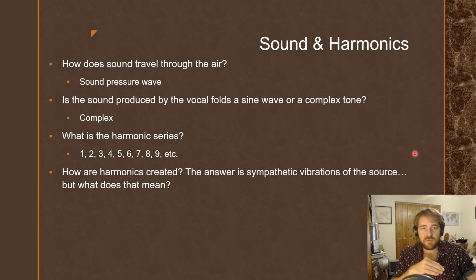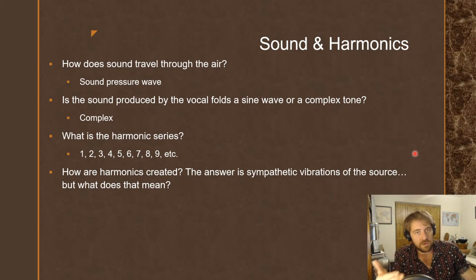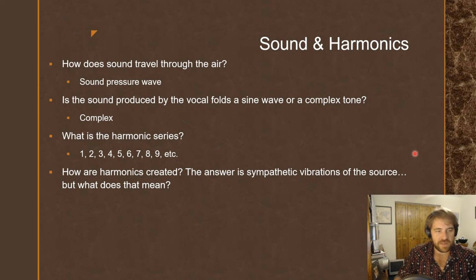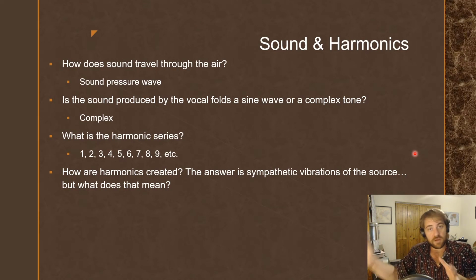Then the fundamental frequency is 100 hertz. The second harmonic, 2 times the fundamental frequency, is 200 hertz. The third harmonic is 3 times the fundamental frequency, which is 300 hertz. So all of your harmonics would be 100, 200, 300, 400, 500 hertz, and so on. That's the harmonic series. And to relate it back to the question before, the laryngeal buzz that we produce is a complex tone. It produces a fundamental frequency and harmonics as well.